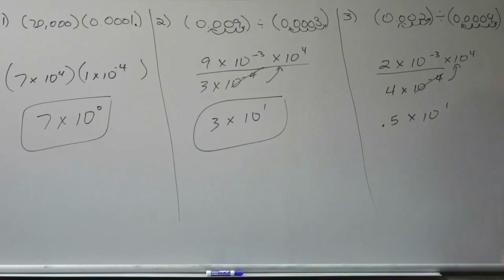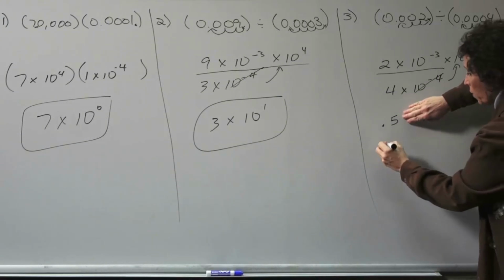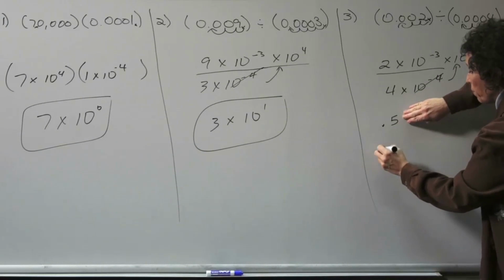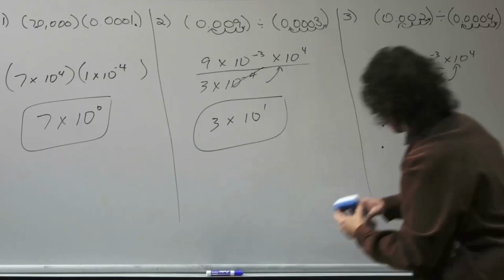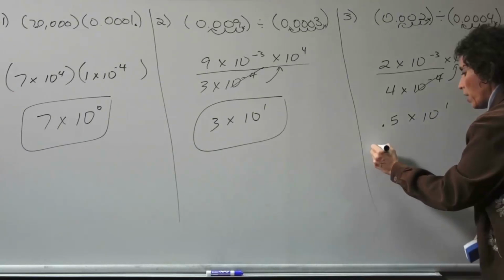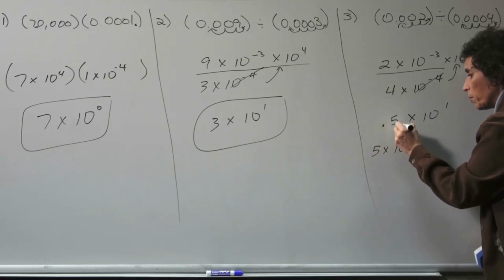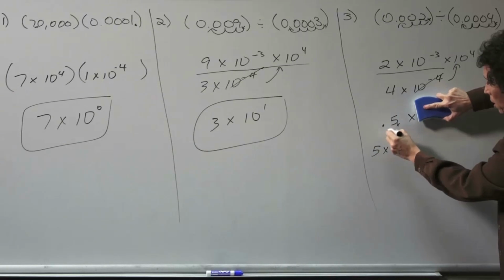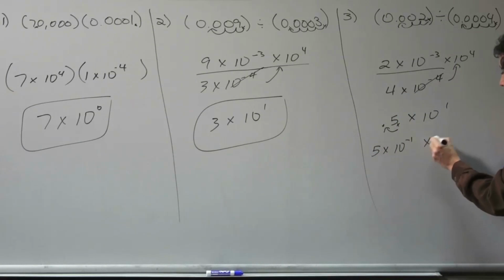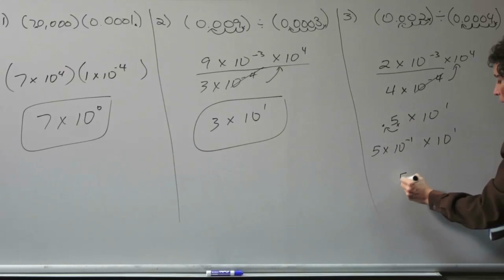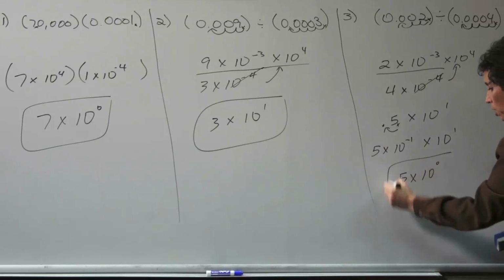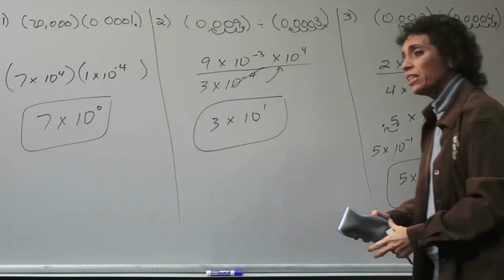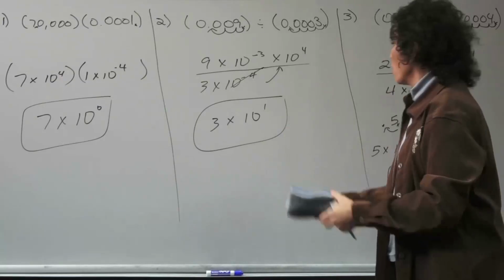It's to the 1st again. Now, this is not in scientific notation or standard form. I'm going to put this in scientific notation. Here's what I'm going to do. 0.5 would be 5. 5 times 10. Remember, it's going to be a negative exponent. Assume that's not there for a minute. Okay, to the negative 1. But there is a 1 there. So it's 5 times 10 to the 0. So the answer to this question is 5 times 10 to the 0, or just plain 5. Okay, and you're done.